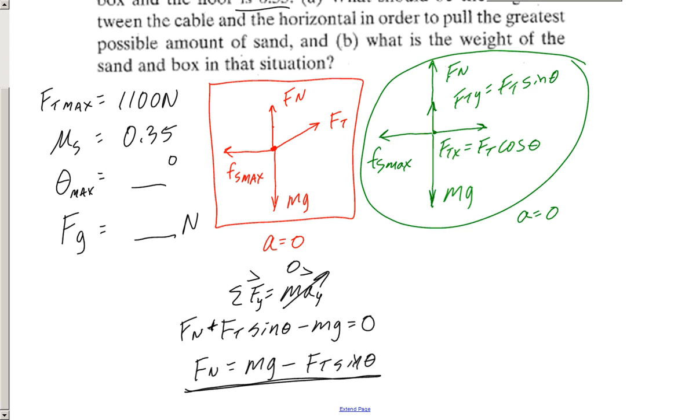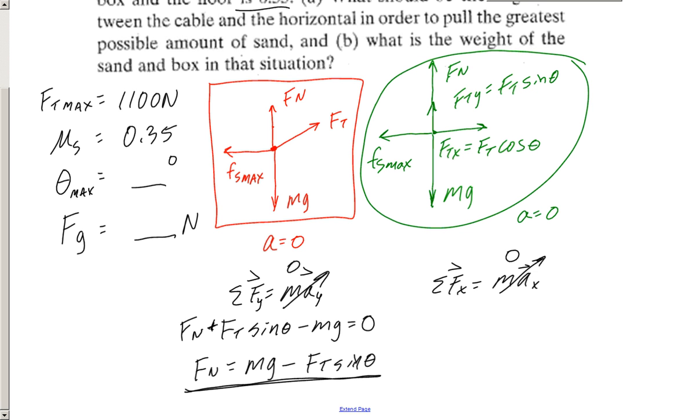Okay, now let's do a free body diagram in the x direction. The sum of the forces in the x direction equals ma in the x direction. And again, because we just want this thing to break loose, at that point the acceleration would be 0 in that changeover region.